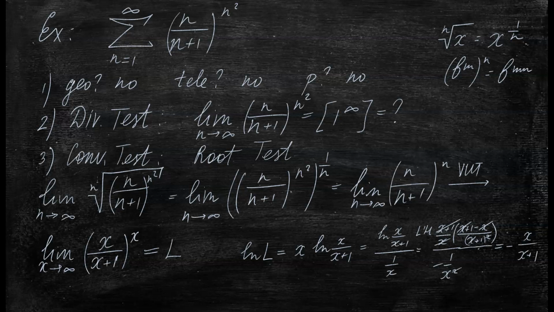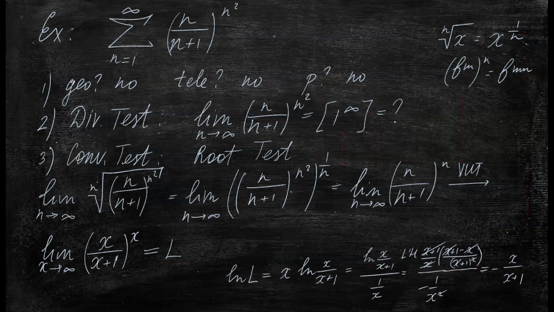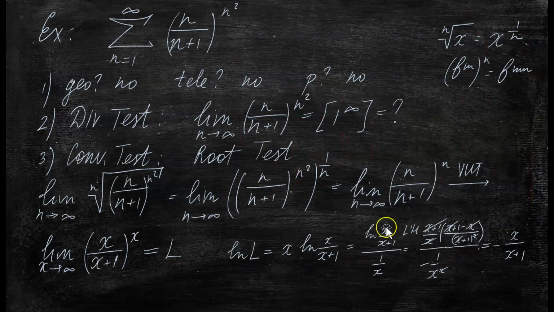So that limit is equal to -1. But remember, this is just ln of L. L will be e to the -1. Why? Because ln of L is equal to that. And what does that mean?